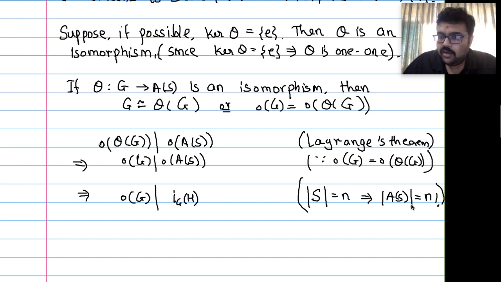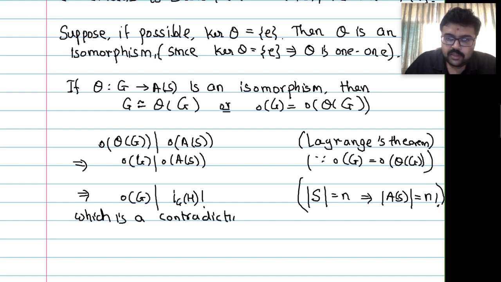But then what is cardinality of AS? That is n factorial, which is a contradiction. So here we are having a contradiction to our assumption, or rather, not an assumption, but a contradiction to the fact that we are given order of G does not divide index of H factorial.